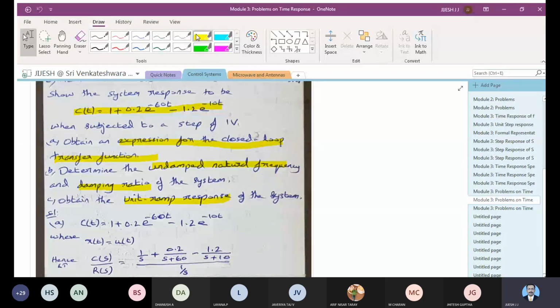You can get it by taking the Laplace transform. You need to take the Laplace transform for this equation as well as for this equation, and then find C(s)/R(s).